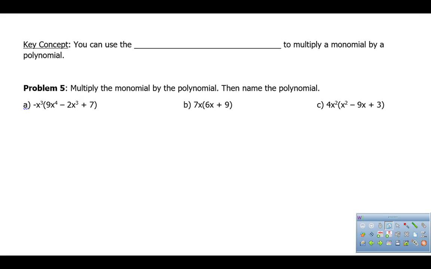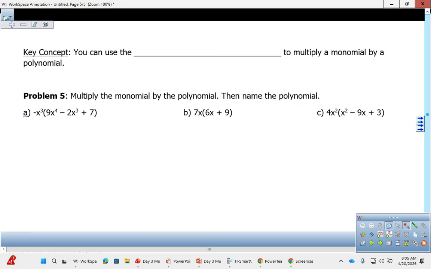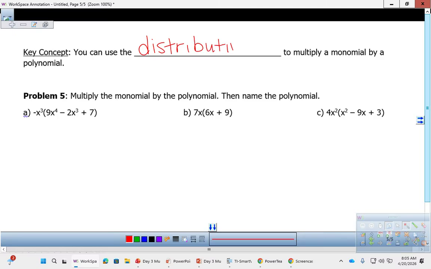So here's what it looks like in polynomial form. You can use the distributive property to multiply a monomial, a one-term problem, into a polynomial, a multiple-term problem.